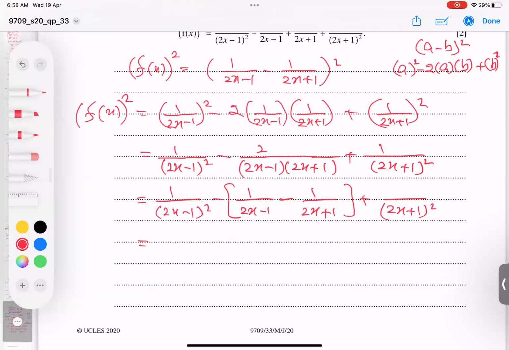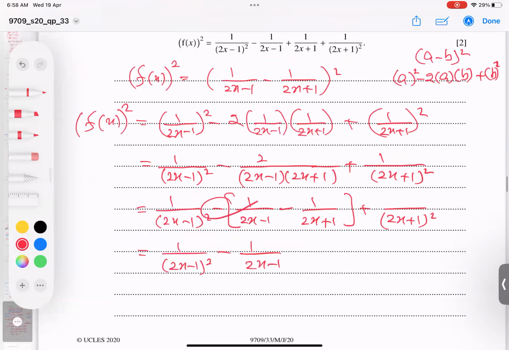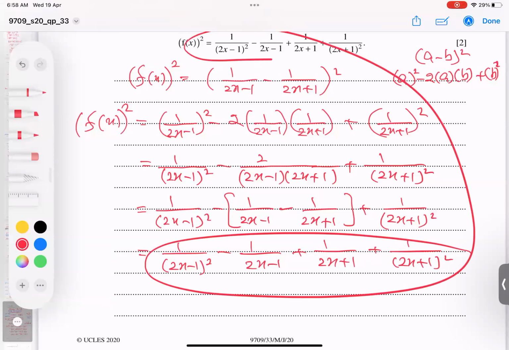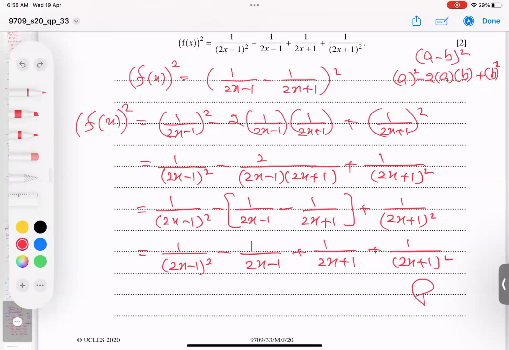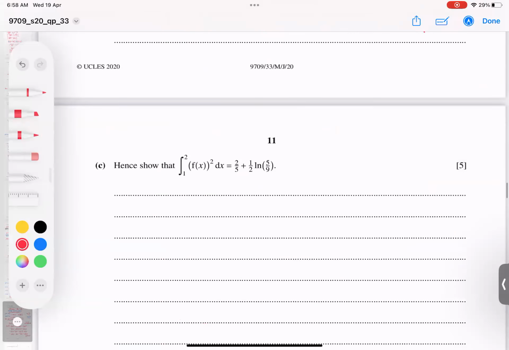Expand the bracket, this inside bracket. I want to expand this one, so (2x minus 1) to power 2, negative 1 over 2x minus 1, and negative into negative gives a plus. And I hope the point is very clear. This totally matches with that. It's proved. So Alhamdulillah Rabbil Alamin, clear.